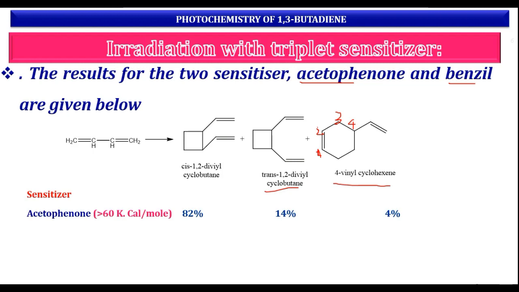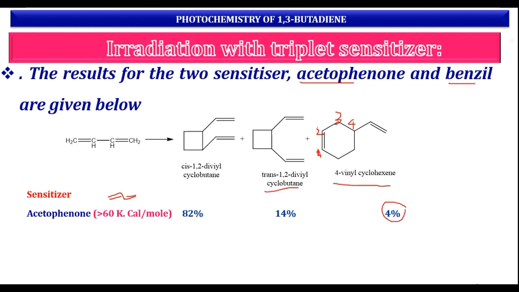That means it is going to excite which molecule? The S-trans isomer. Then you can observe the percentage of products. The cis-1,2-divinylcyclobutane is formed in 82%, the trans product in 14%, and finally 4-vinylcyclohexene only 4%.